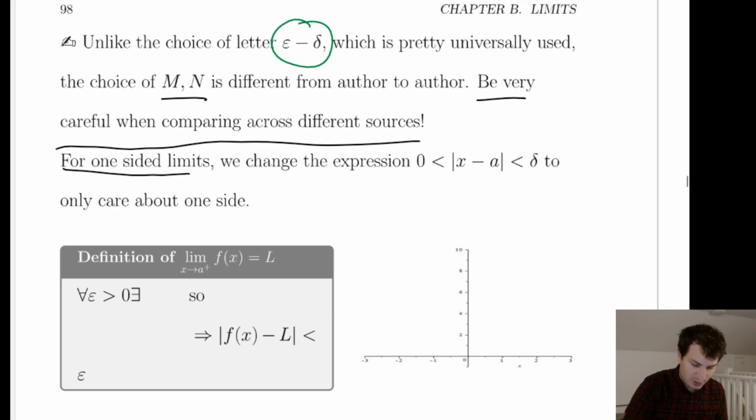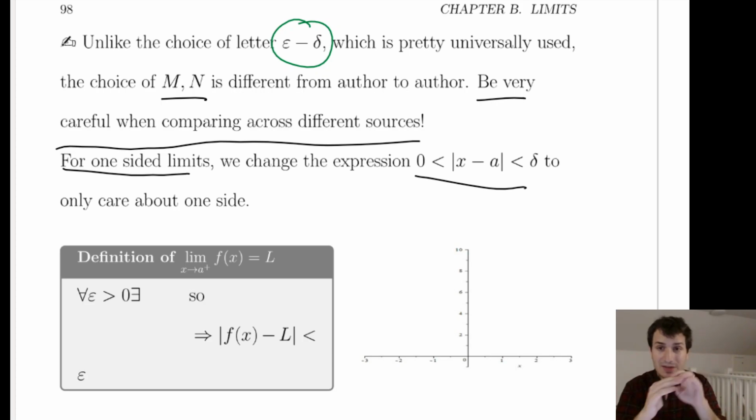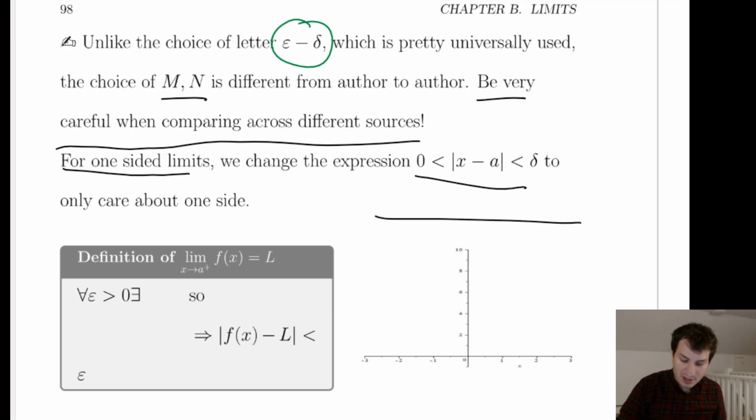For one-sided limits, we change the expression 0 < |x - a| < delta. 0 < |x - a| < delta represents an interval, like a bunch of numbers on the number line. What does it represent? It represents all numbers that are within delta of some value a. So here's a, and we're looking at all numbers that fit between a - delta and a + delta, not including a itself.